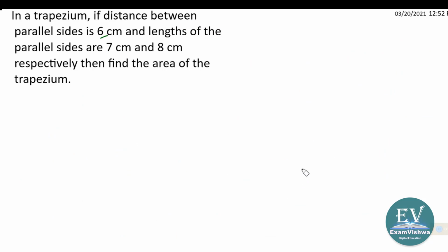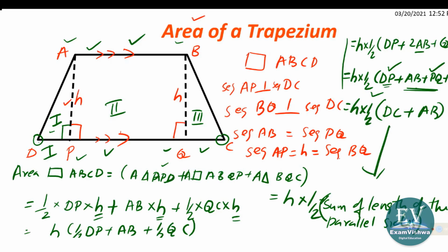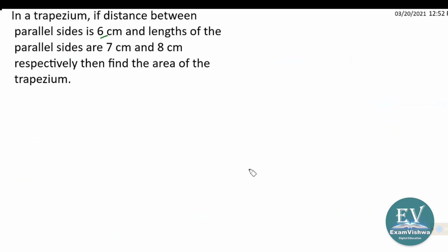So my dear students, this is what happened when we tried to find out the area of a trapezium with the given knowledge or given information. We could derive a formula. For you, let me write once again the formula for you.